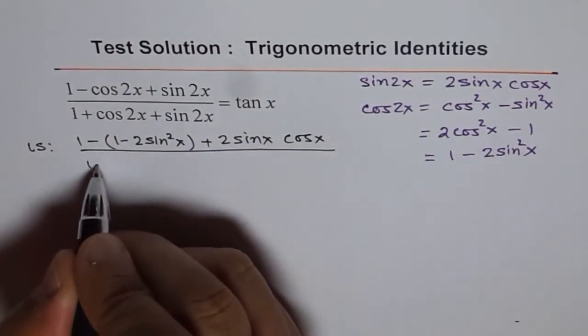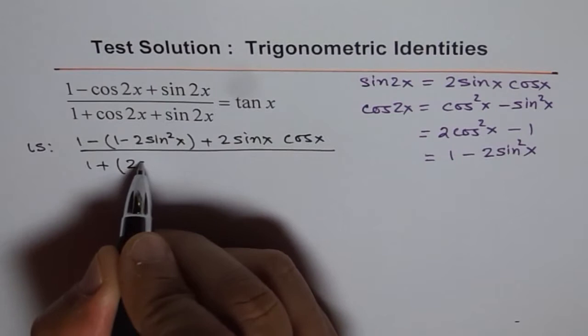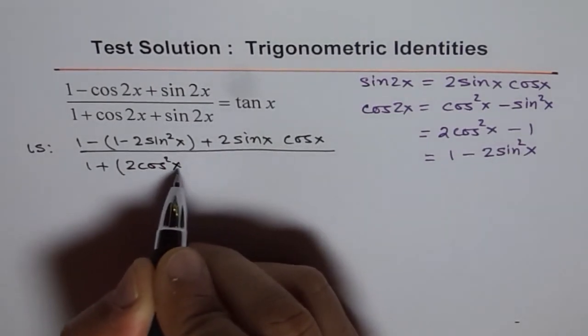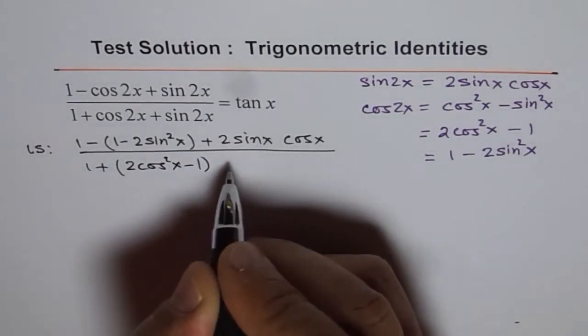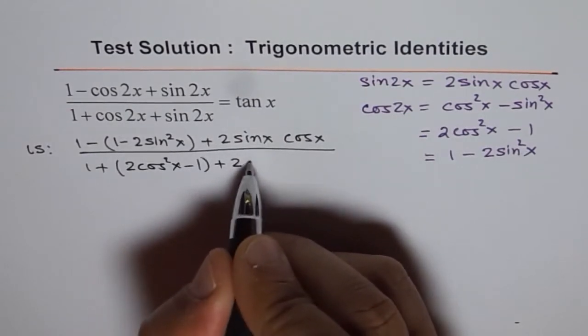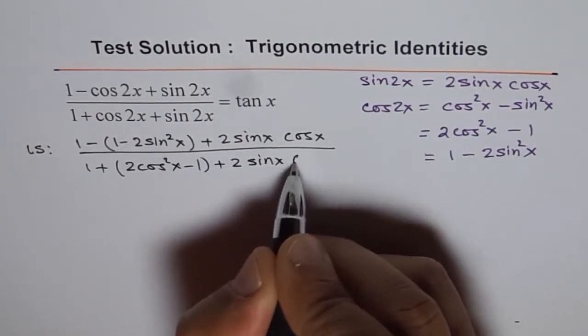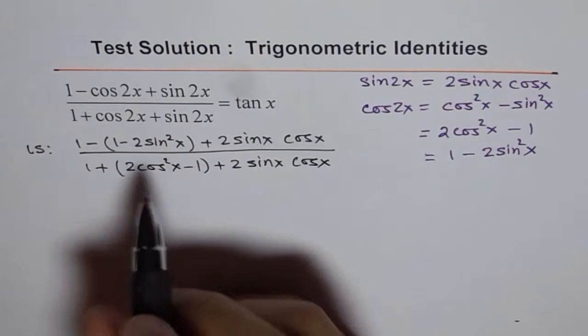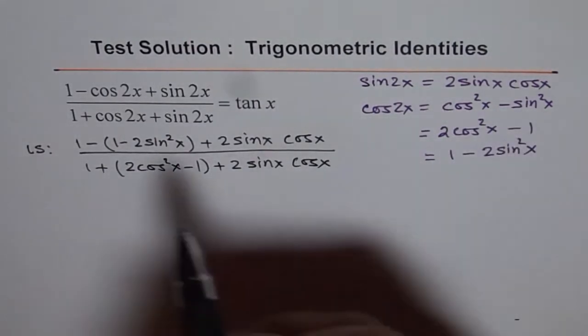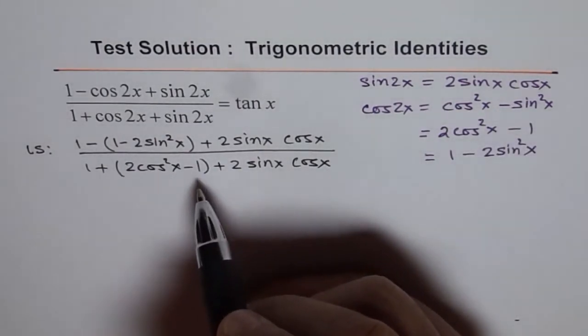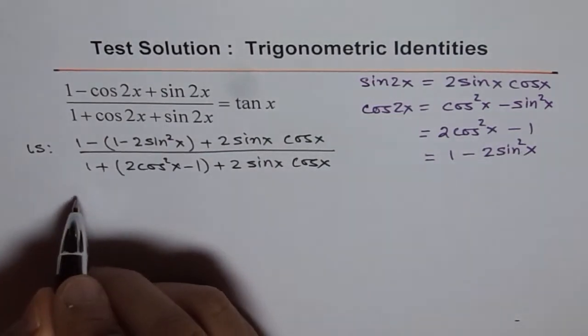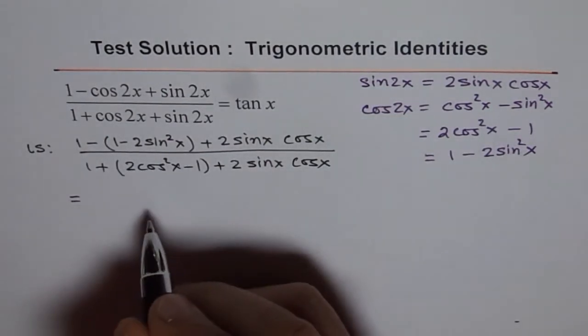Divided by 1 plus, and here I'll use 2 cos square x minus 1, plus 2 sine x cos x. Well, you could use any combination, but that gives you the solution in the minimum number of steps. And it's kind of important to do your solutions in a minimum number of steps.